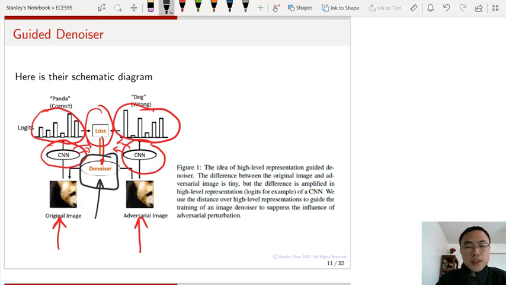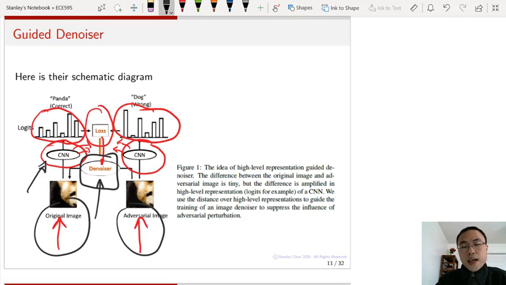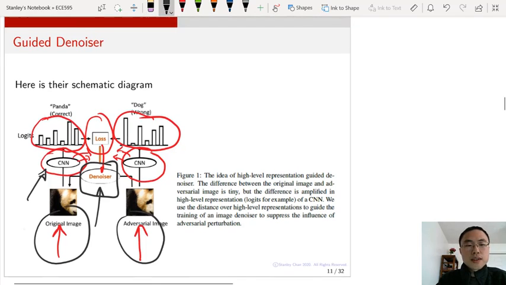So the difference between this approach and the total variation denoising approach is that this denoiser is really customized or trained to help this specific CNN to do the classification work in the presence of this type of adversarial attack. And so they show that with this approach, you are able to improve the performance significantly, and that's how they can win the NIPS challenge.